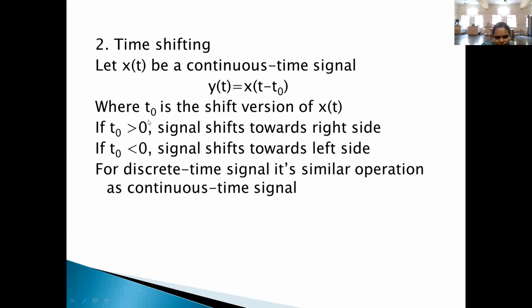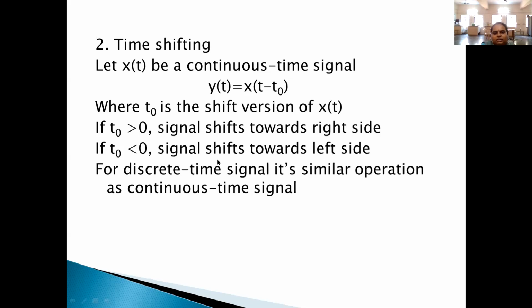How much is the shift? There are two conditions. First, when t naught is greater than 0, meaning positive values of t naught, the signal shifts towards the right side, and for negative values of t naught the signal shifts towards the left side.